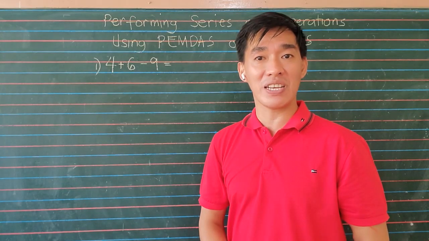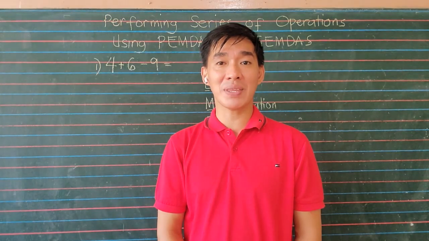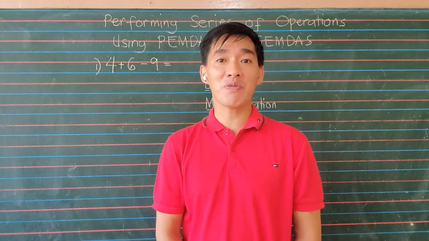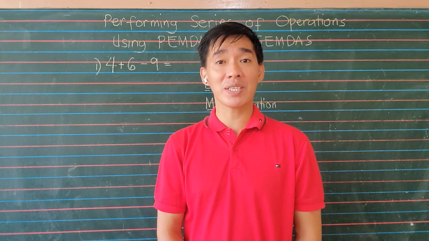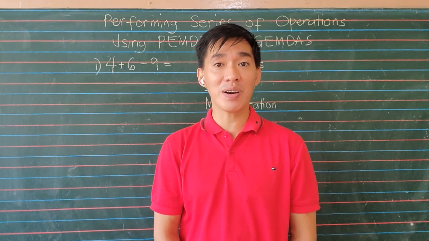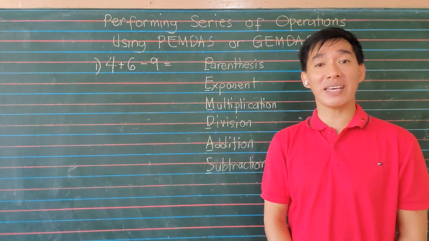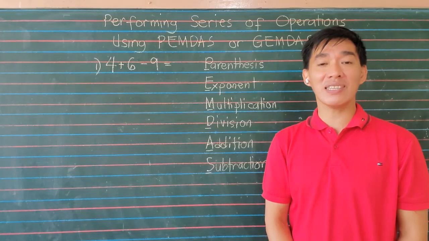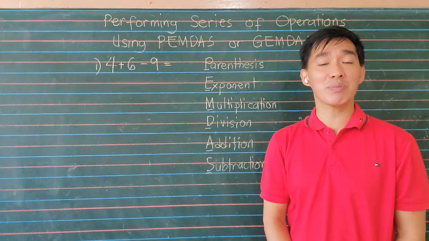series of operations. PEMDAS, or also known as GEMDAS, which is the rules to be followed in solving mathematical equation with series of operations, stands for: P stands for parentheses, E for exponent, M for multiplication, D for division, A for addition, and S for subtraction.